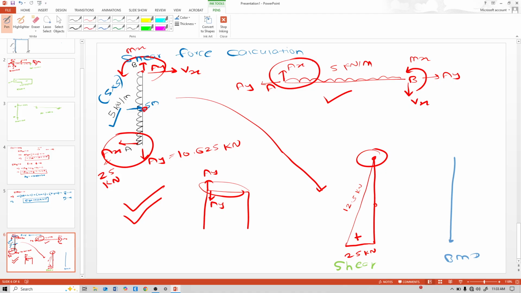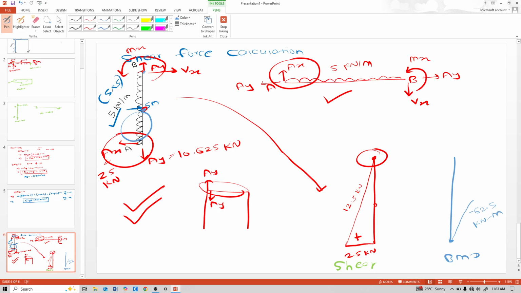At this point, see this load is minus 5 into distance 2.5 into 2.5 upon 2. It is minus 62.5. And the load is UDL, that means it is a parabolic curve. Minus 62.5 kilonewton meter.